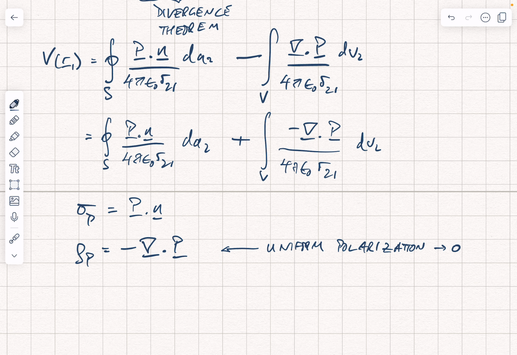So, for instance, one of the classic examples we have is a block of material. If we have a polarization along the direction of that arrow, then we will definitely have a charge density on the ends where the dot product between the polarization and the surface normal is 1, but we will have zero charge density on the other sides where the dot product is 0.